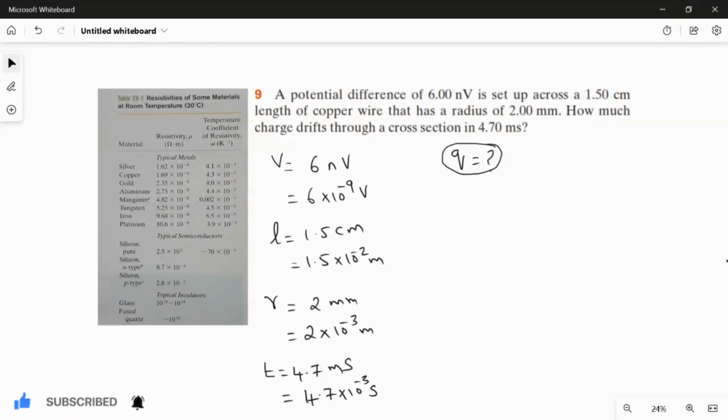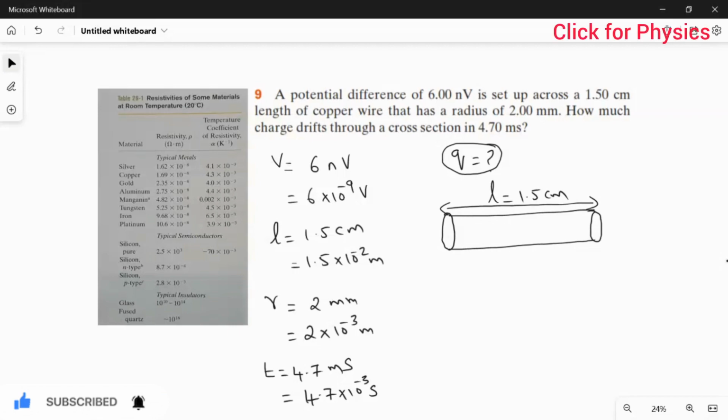So better we can draw the diagram for this question. You have a wire, and this wire is a copper wire, and its length is 1.5 centimeter. If you see the cross-sectional view of the copper wire, it looks like the area of a circle, so it has the radius r, which is equal to 2 millimeter.